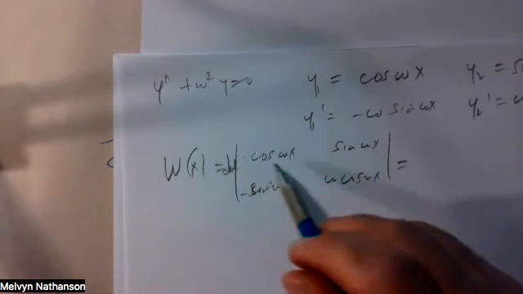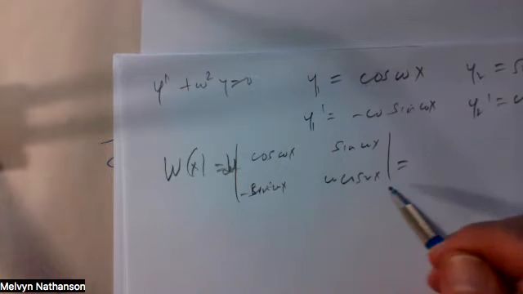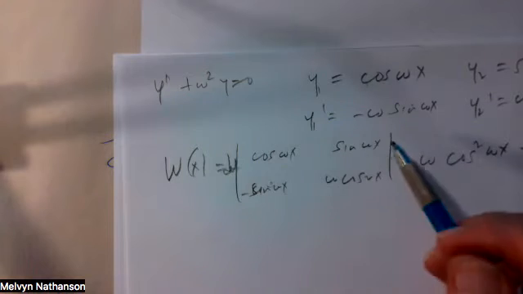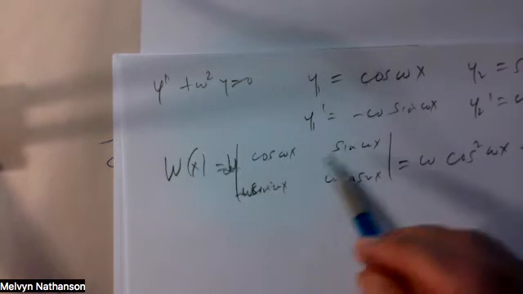So that's this omega times cosine squared omega x minus, there should be an omega there, minus this times this. So it's minus omega sine squared omega x.